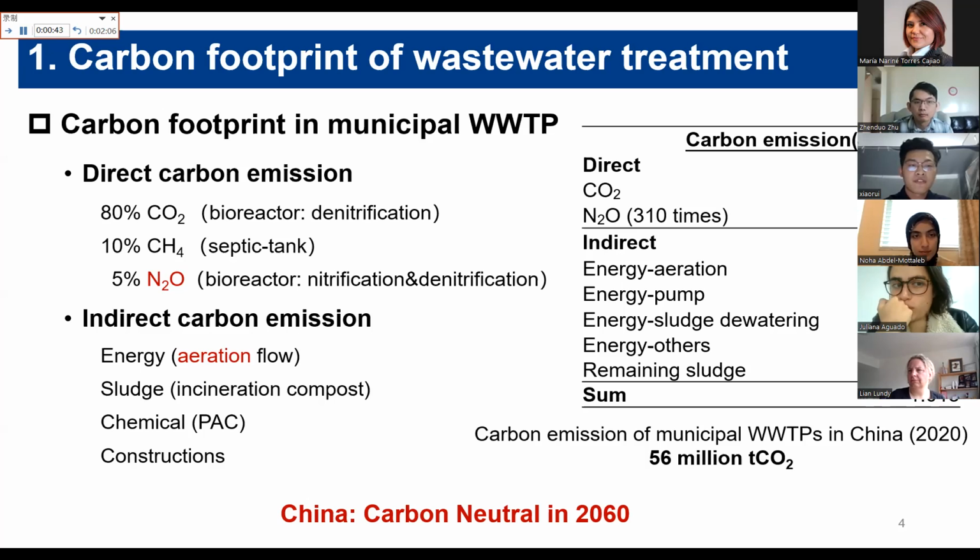Another factor is indirect energy, for example aeration, which makes up the main energy cost. In short, to achieve carbon neutrality, it's necessary to reduce the N2O emission as well as the oxygen cost.